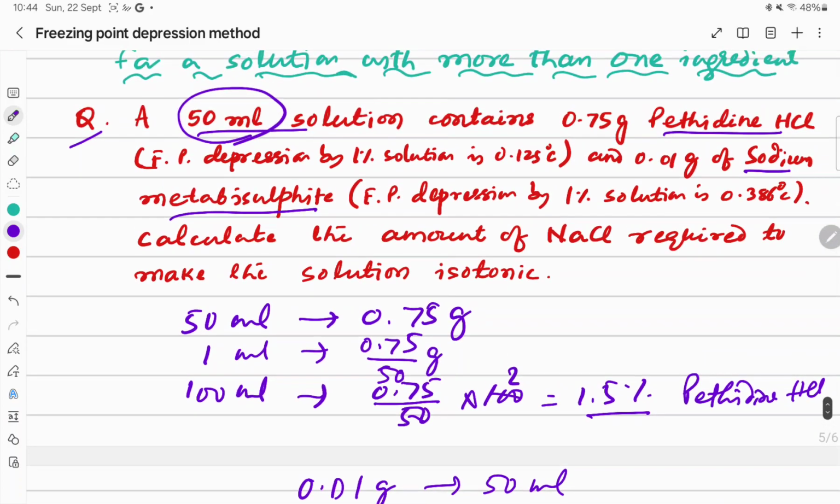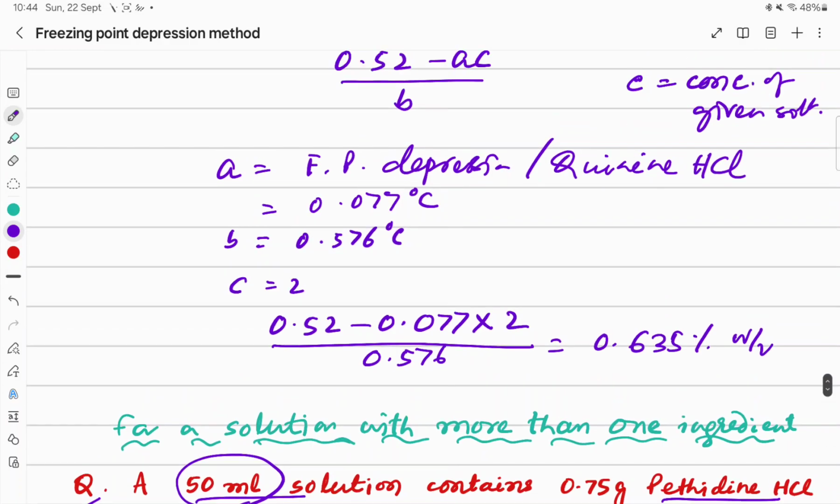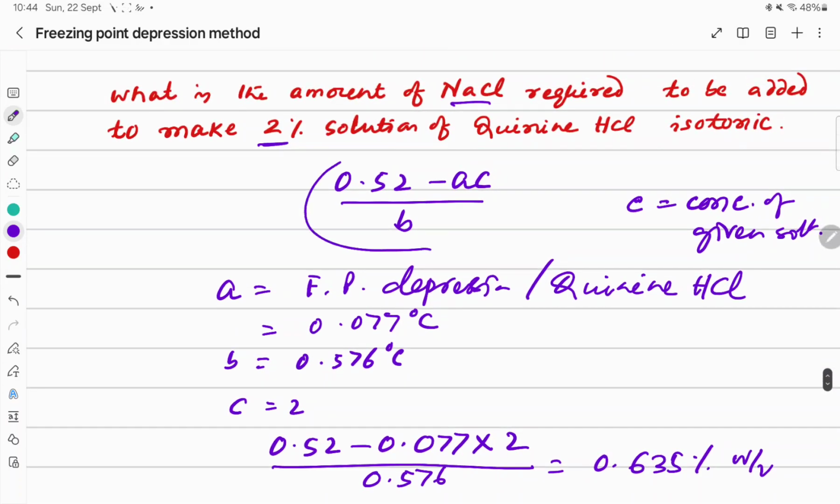Then the data: the freezing point depression by 1% solution of pethidine hydrochloride is given, and the freezing point depression by 1% solution of sodium metabisulfite, which is 0.386 degrees Celsius, is also given. Now calculate the amount of sodium chloride required to make the solution isotonic. So in this case, the same formula will be used, but since two solutions are there, we will sum them.